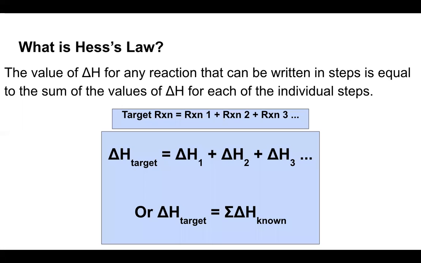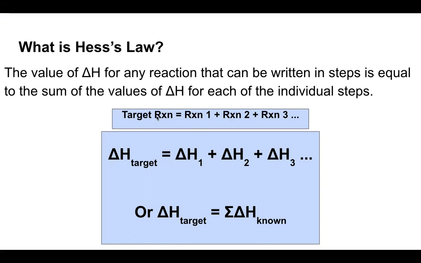So Hess's law states that when you have a target reaction that can be broken up into smaller known reactions, so we'll see here, we have our target reaction that can be added up from the addition of reaction 1, which would be a smaller reaction, another smaller reaction number 2, and another smaller reaction number 3, and we can go on and on.